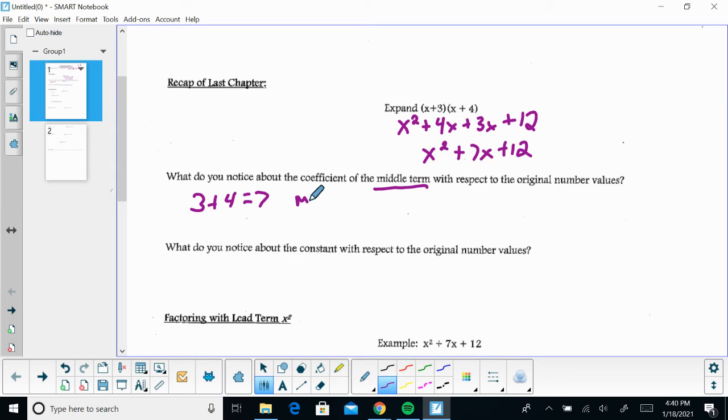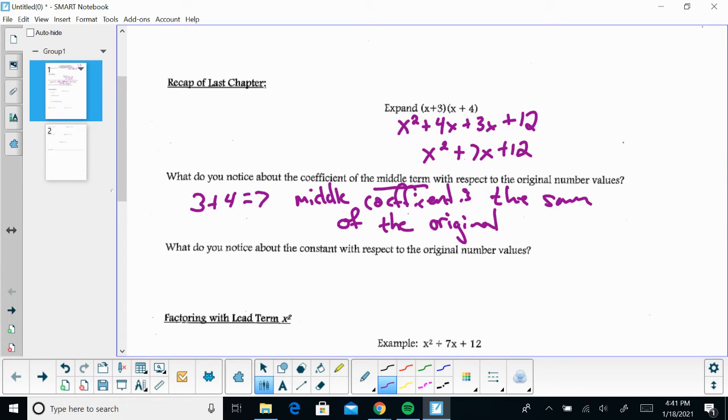So the middle coefficient is the sum of the original last two terms.